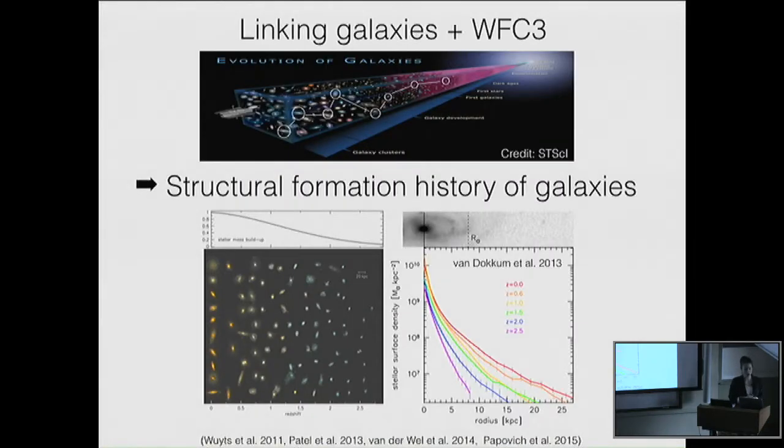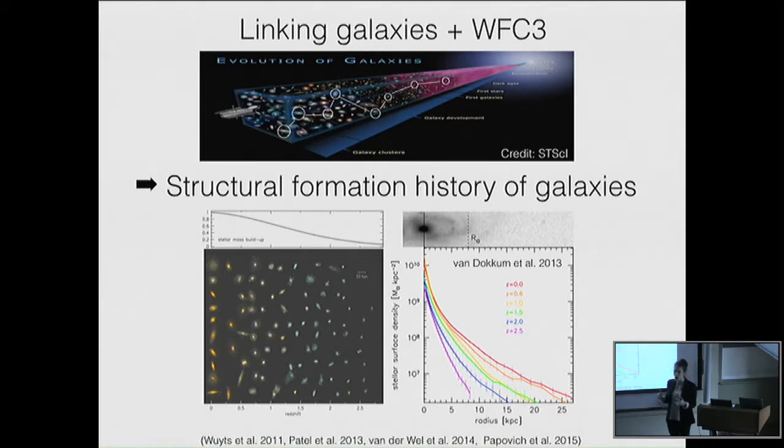But there's been significant improvements in the observational landscape over the last several years. In particular, the installation of the Wide Field Camera 3 on the Hubble Space Telescope in 2009 really allowed us to resolve the stellar mass content of galaxies across most of the history of the universe. So out to near the peak of the cosmic star formation history, we can see where stars lived in galaxies.